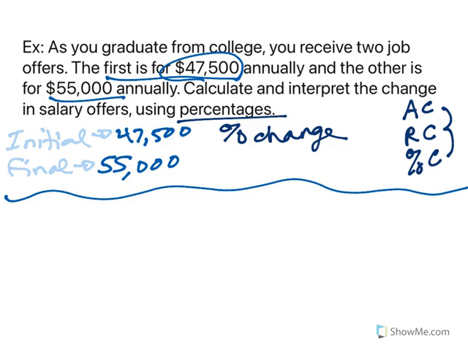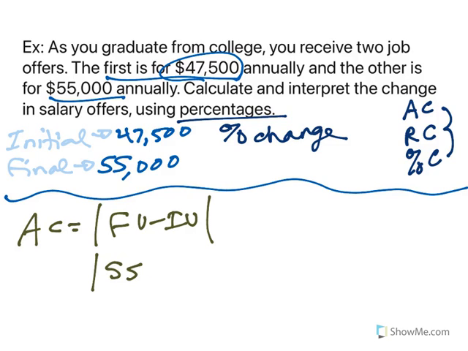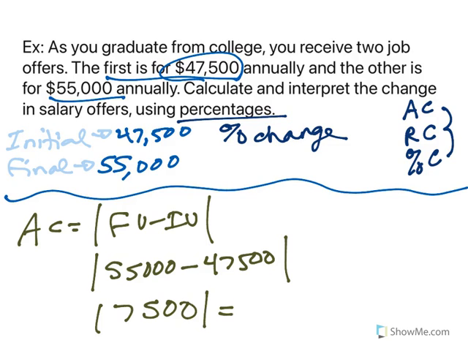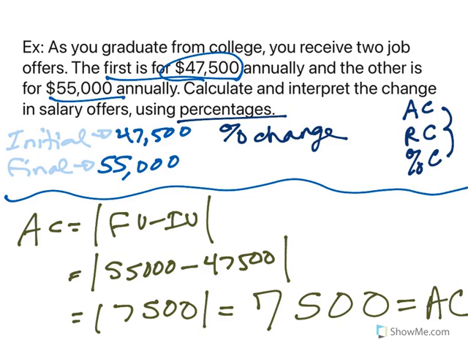So let's start with absolute change. The absolute value of final value minus initial value. So 55,000 minus 47,500. Well, that's the absolute value of 7,500, and the absolute value of 7,500 is indeed 7,500. So that's the absolute change.